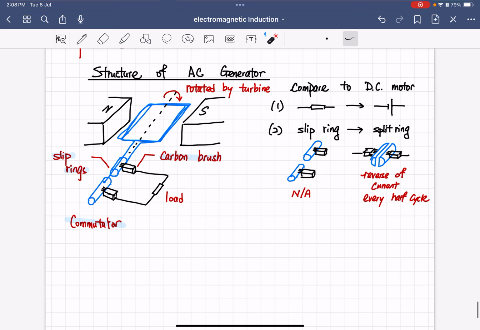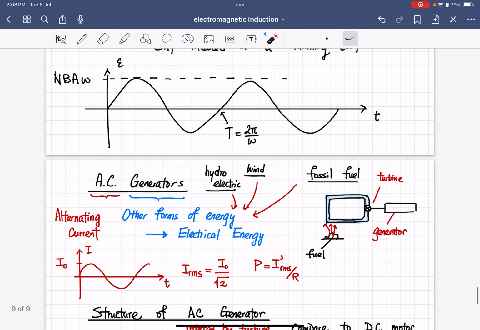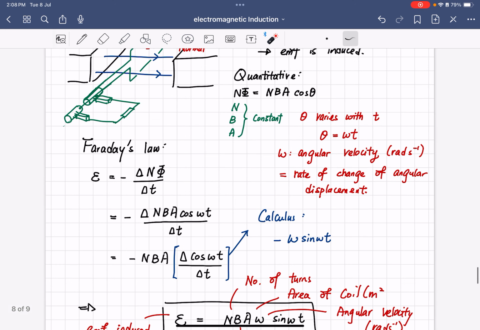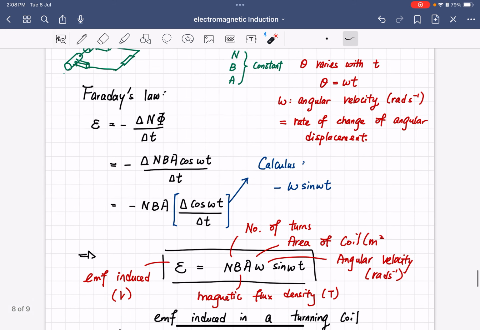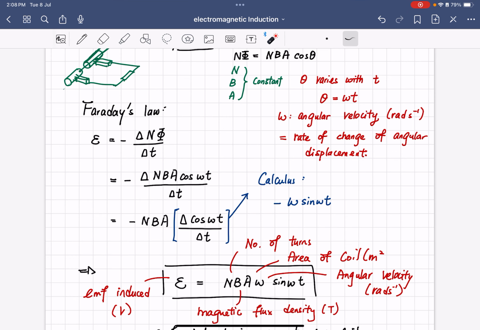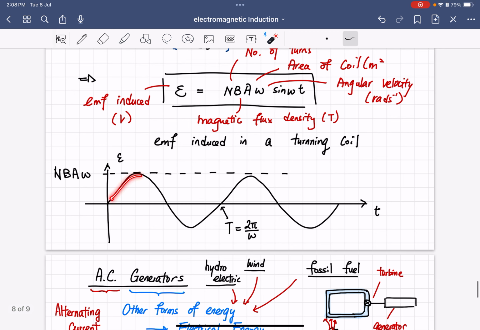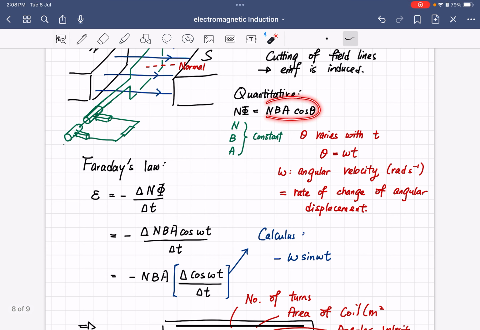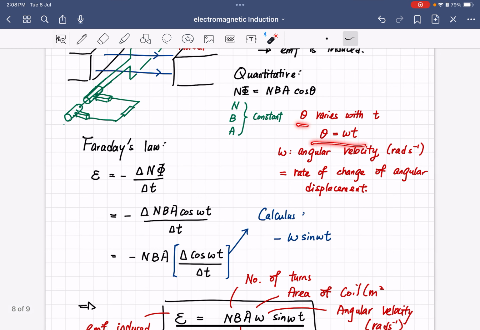Okay, now, we discussed last time that mathematically, we show that the EMF induced in such a case will be a sinusoidal function. One reason is that the change in the magnetic flux linkage comes from the variation of theta. And we use theta to denote it in this way.